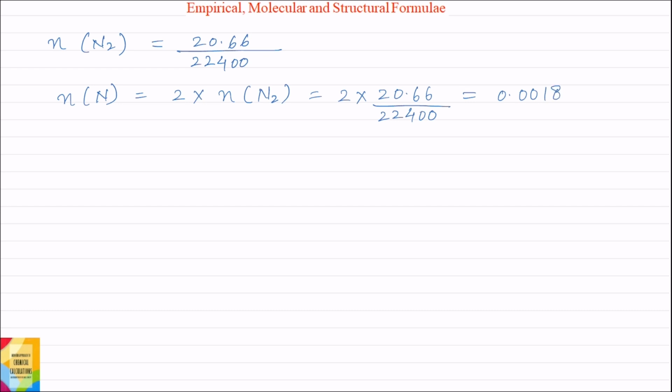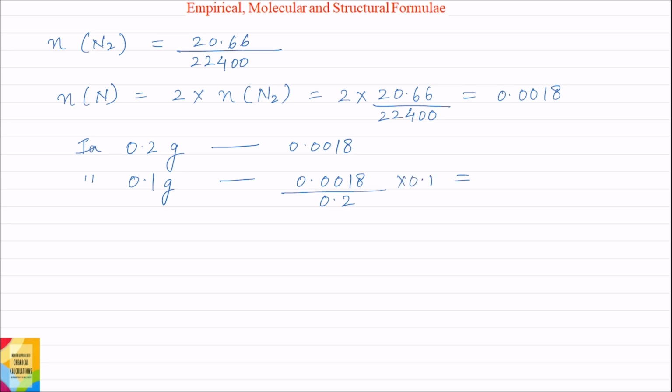Now this is the moles of nitrogen in 0.2 gram of the base. Therefore, in 0.1 gram of the base, the moles of nitrogen will be equal to 0.0018 divided by 0.2 into 0.1, and this is equal to 0.0009 moles.